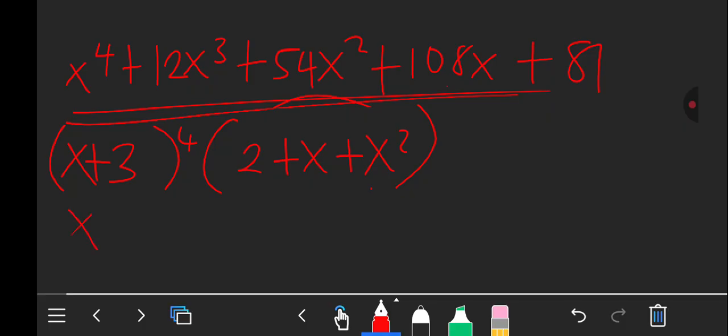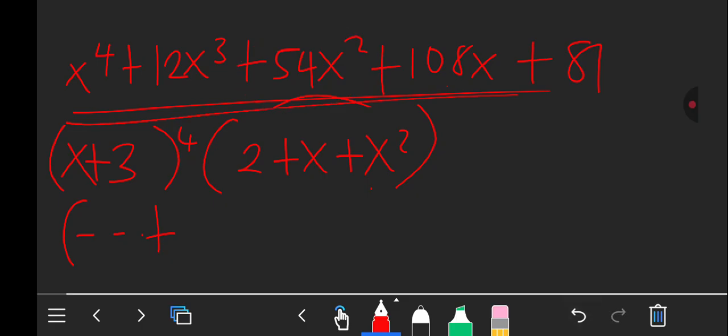So you take this expansion, but you just get the necessary ones. So what you do is you open the bracket, since we know that x plus 3 to the power 4 is this, what we expanded. So you just get what can give x to the power 2. So you put dot dot plus that one.